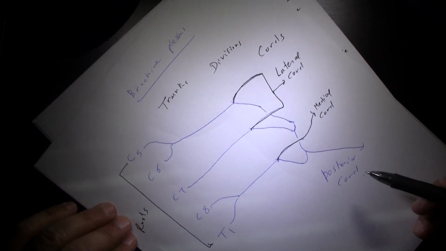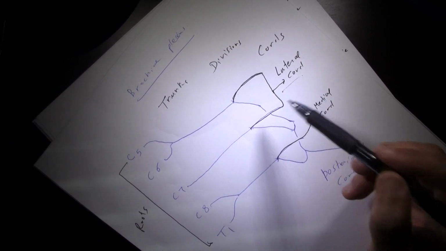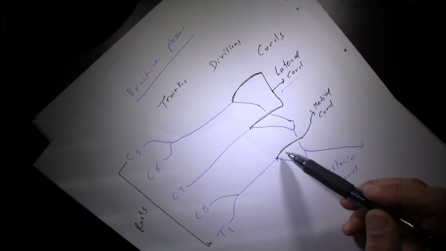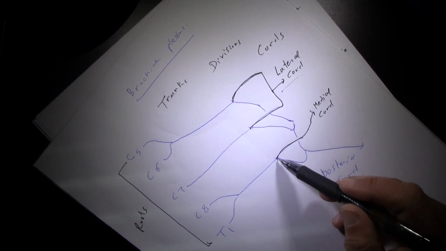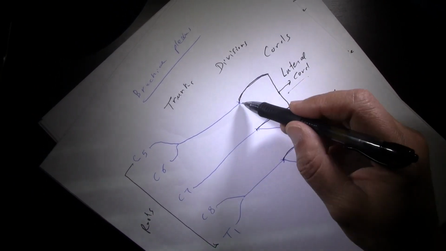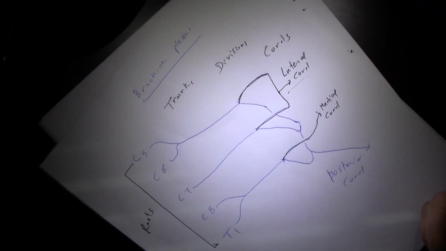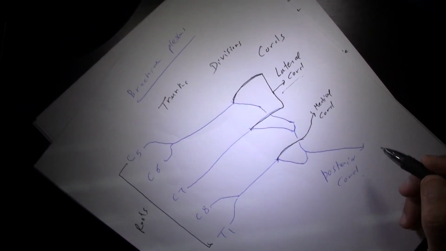We have 3 cords. You have the lateral cord by the anterior divisions of the upper and middle trunks. Then you have the medial cord by the anterior division of the lower trunk. Then you have the posterior cord, which is made by the posterior divisions of all trunks.